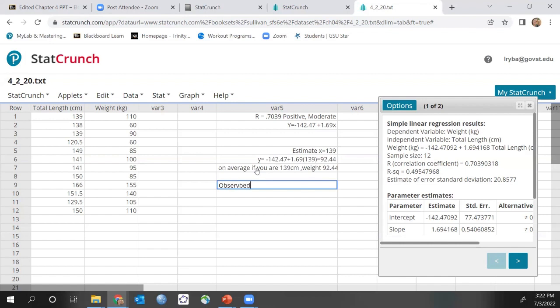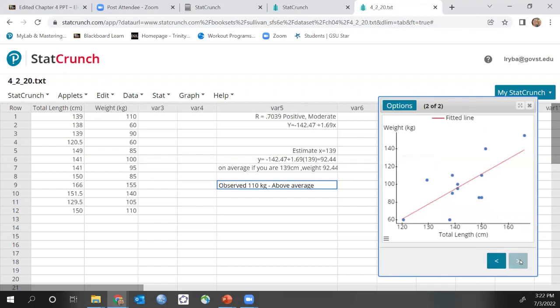I observed, for 139, 110 kilograms. So this person is above the average value. They should be around 92.4 kilograms, and they're 110. They're above what we would expect.